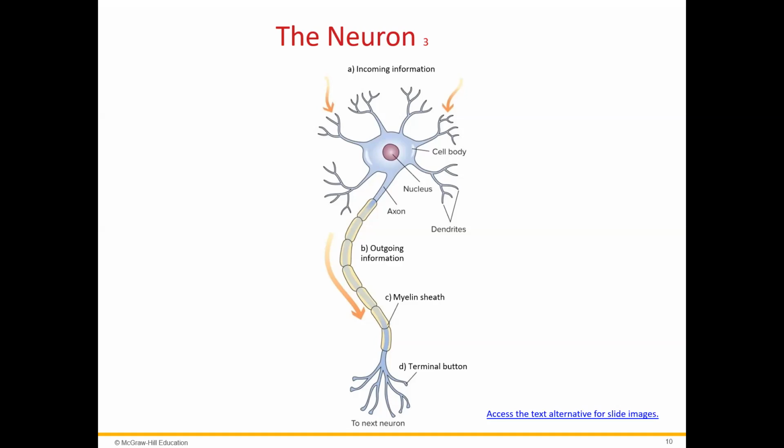So if we put another one of these pictures right below this one, the neurotransmitters get released from the terminal buttons, and they attach to little receptors on other neurons' dendrites. And that's how one neuron communicates to another. It's a chemical process. So within the neuron, it's an electrical process.